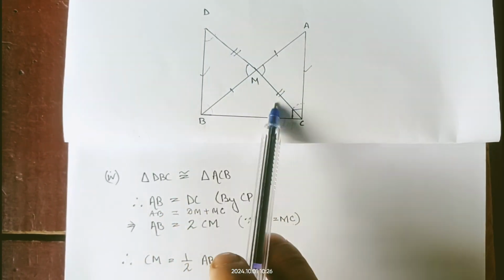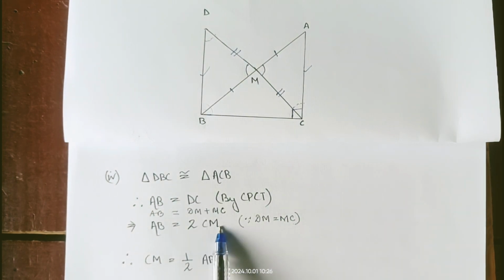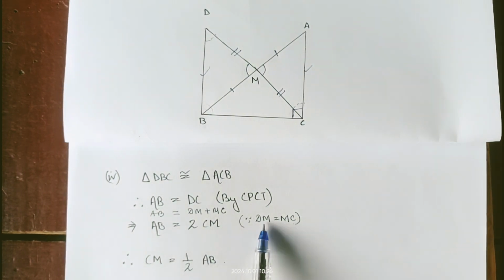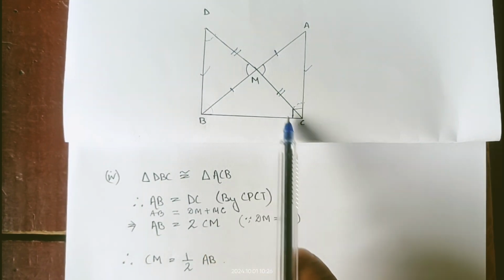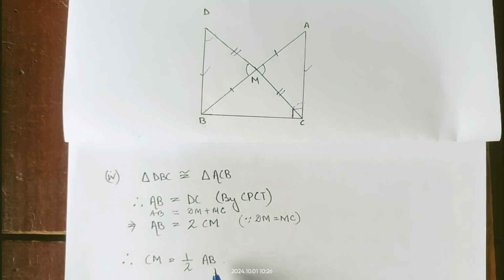DM and MC both are equal, so we can write twice CM, because DM equal to CM. Since AB equals twice CM, CM will be half of AB. This is the last sum from this exercise.